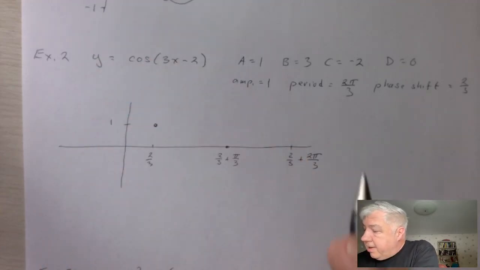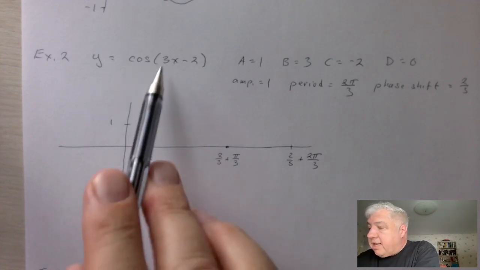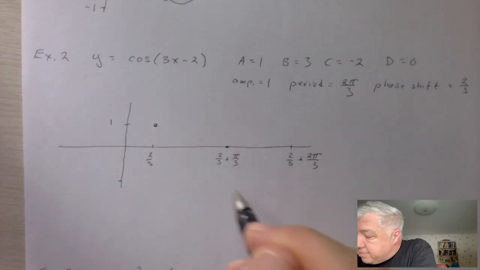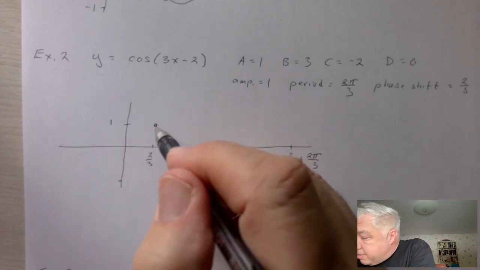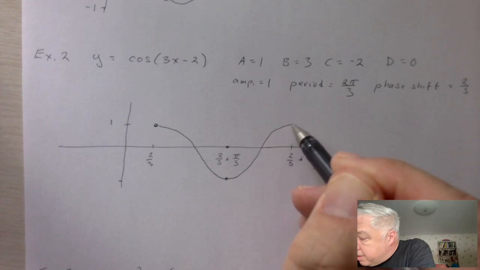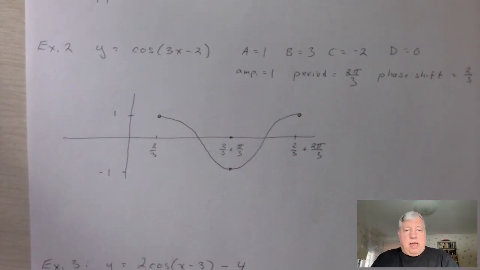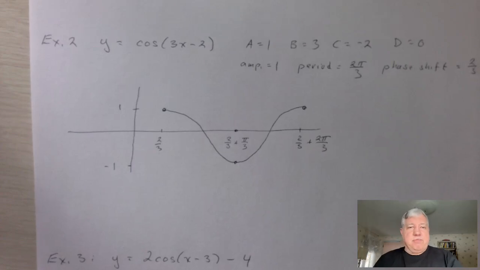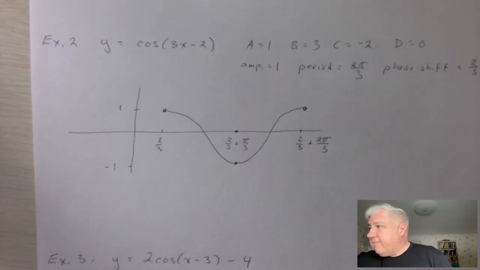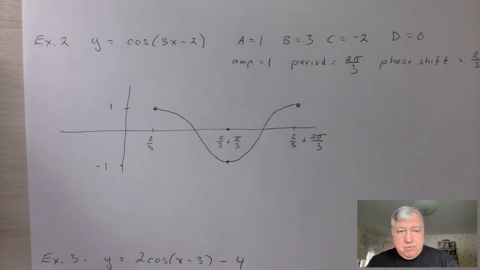And you can check that if you do this down here, you'll get cosine of pi, which is -1. So you get this cosine curve like that. And again, since the amplitude is 1 and there's no vertical shift, y is just ranging from 1 to -1. Just focus on that. Okay. That's good.